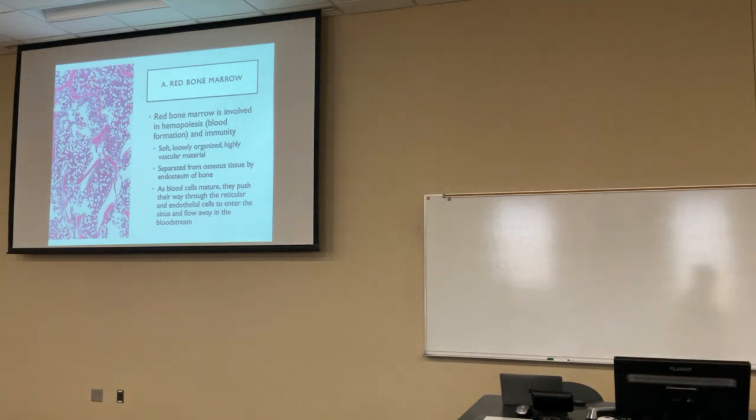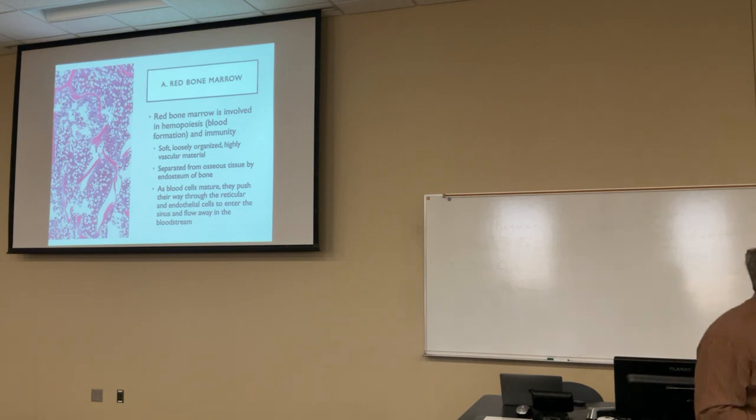Red bone marrow is a soft, very loosely organized, highly vascular tissue. It's separated from the osseous tissue by the endosteum of bone, a thin layer of connective tissue that covers the inside of a bone.